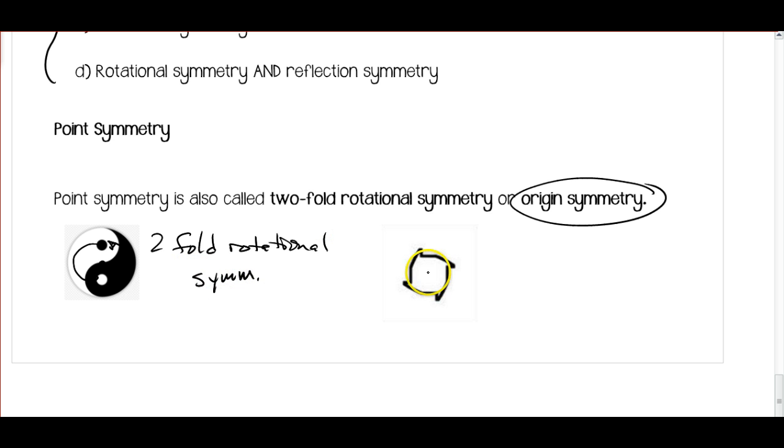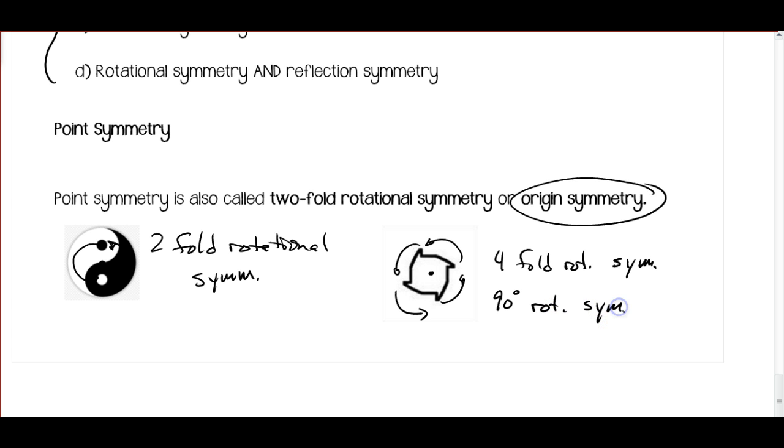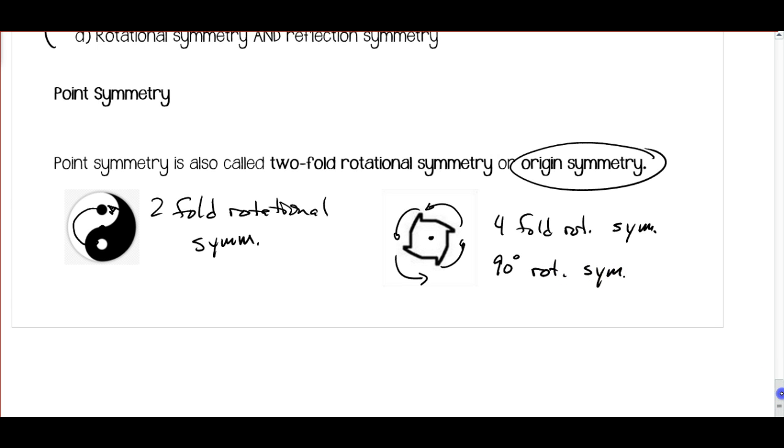Now this one here does not, but it does have rotational symmetry. We can see that it has 1, 2, 3, 4-fold rotational symmetry. And again, if I was asking you about angles of the rotation, you would say that it has 90-degree rotational symmetry.